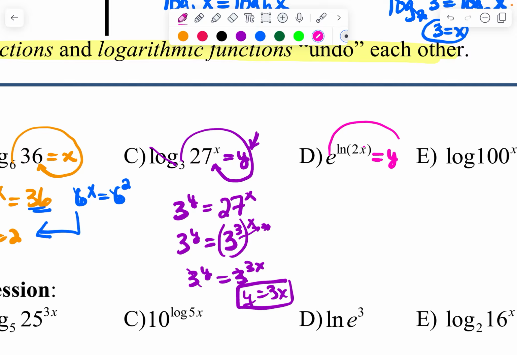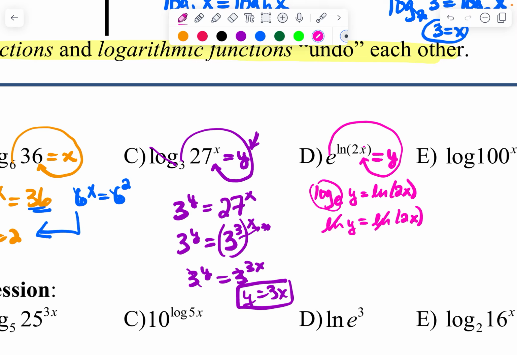So I'm going to wrap this around, and I get log base e of y equals natural log of 2x. Those two look different, so let's make them both the same. I'm going to change this log base e into a natural log. So I get natural log of y equals natural log of 2x. Now that those match, I can cancel them out, and y equals 2x. That's what we're looking for.